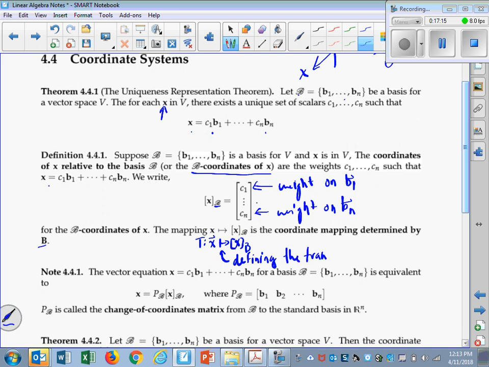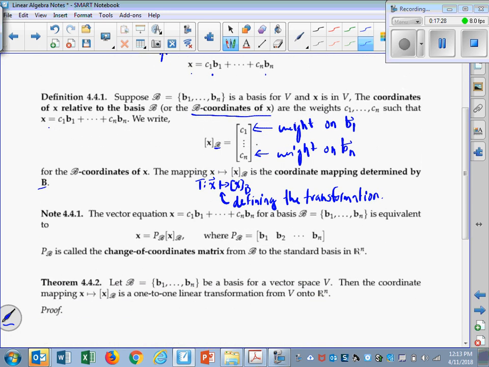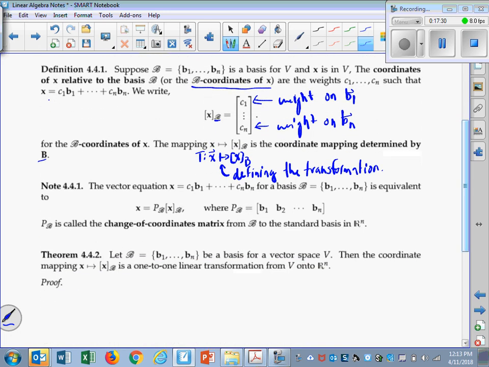Okay. All right. I think we have enough to maybe start on the first couple examples. Before we do the first couple examples, let's just look at this note here and see what it says. It says the vector equation x is written here. This is just the B coordinates of x for the basis B, which is equivalent to saying P sub B times the B coordinates of x.